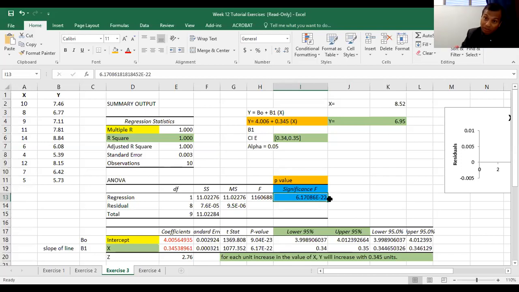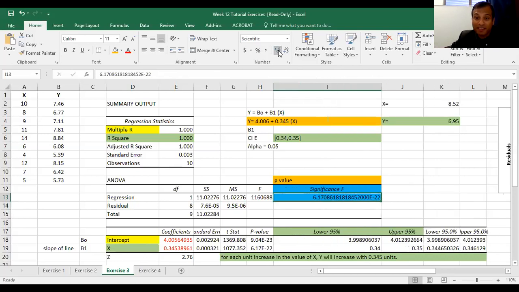So minus 22 will go to the denominator, making the numerator very, very minimal, and it will be very close to 0. If you play with this, it starts showing.